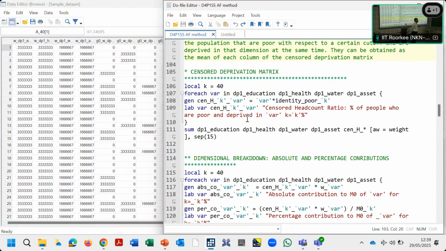Yes, proportion of the poor. But that is the multidimensional headcount ratio. What is the censored headcount ratio? The proportion of people that are poor, multidimensionally poor, as well as deprived in that indicator. Yes. How do you compute it then?